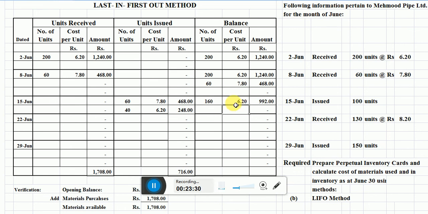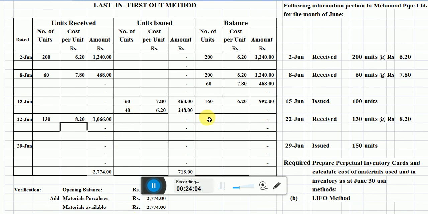Students, this is the issuing transaction which has been passed in front of you. Now 22nd June received, meaning purchasing, 130 units at a rate of 8.20.